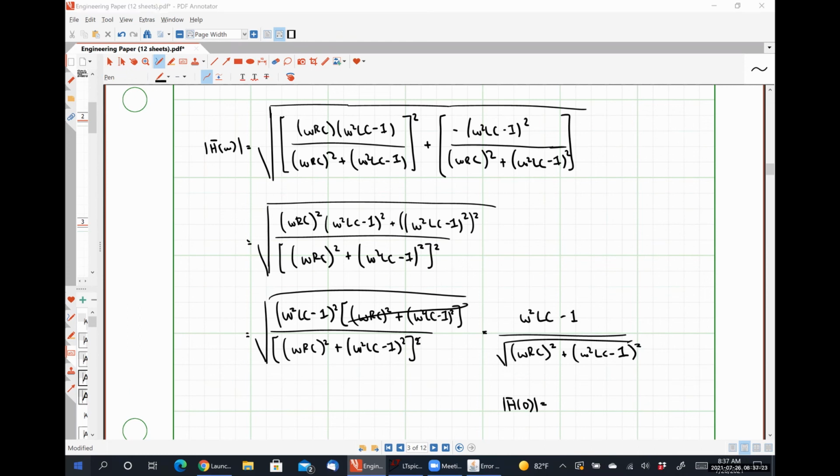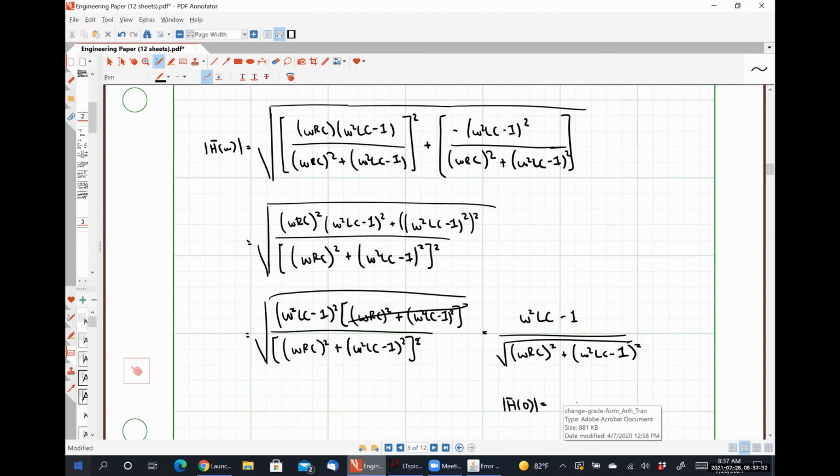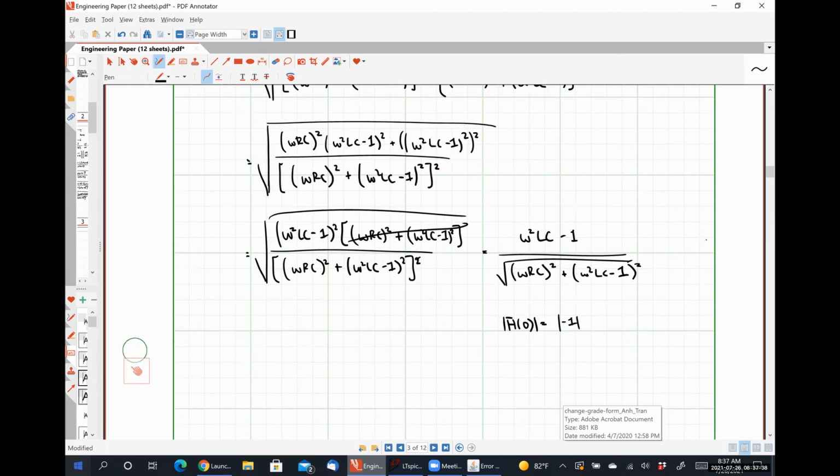Taking the absolute value so that we're only dealing with positive quantities is going to give us 1, but I'm going to put it as the absolute value of negative 1. When we work at infinity, we're going to have infinity squared over the square root of infinity to the 4th power, which will be infinity squared over infinity squared, giving us positive 1.